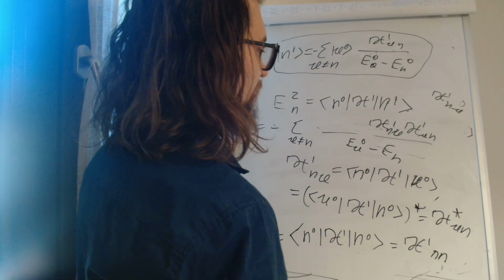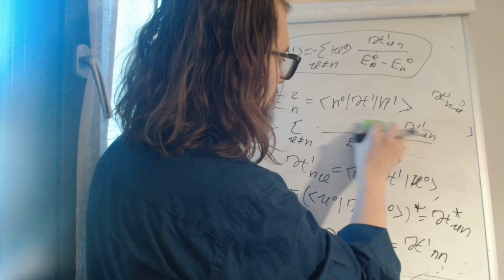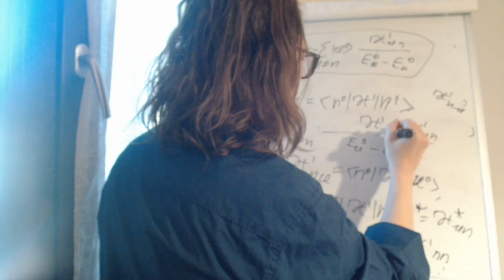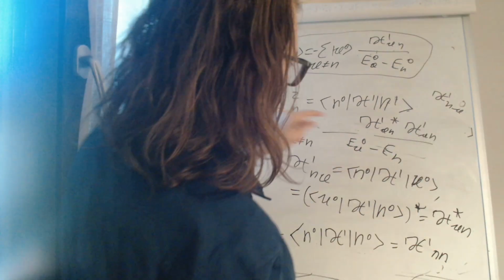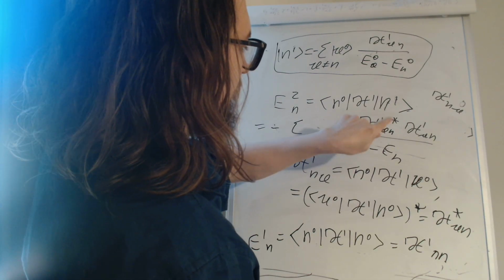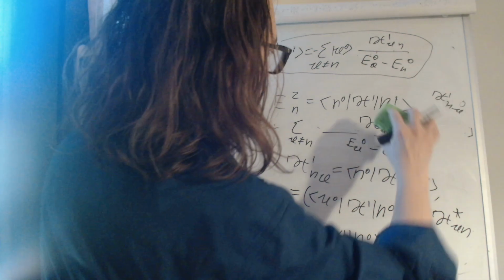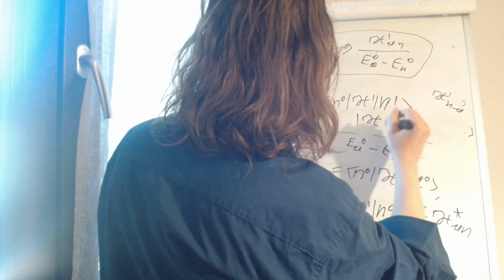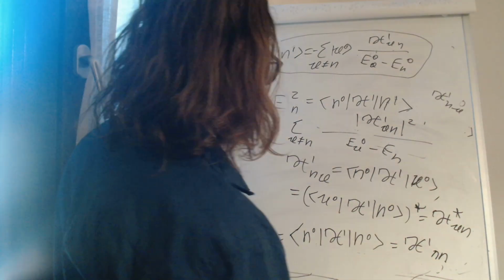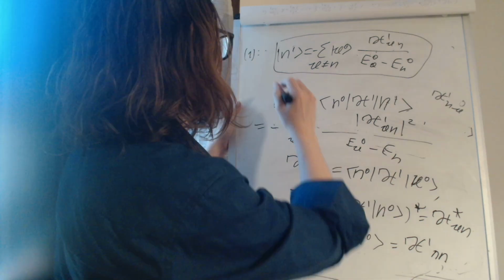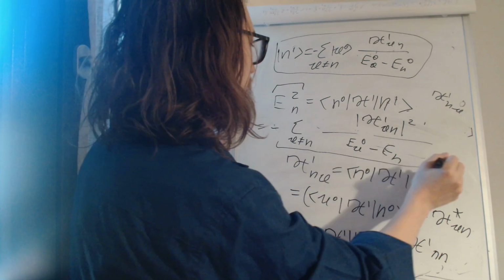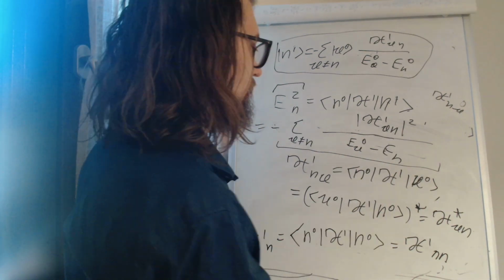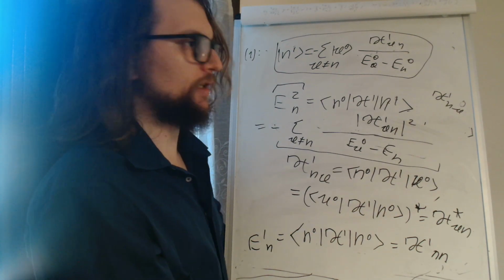So we have h1 kn star times h1 kn, which is the modulus of h1 kn squared. So we got this expression for the second order correction in the energy.